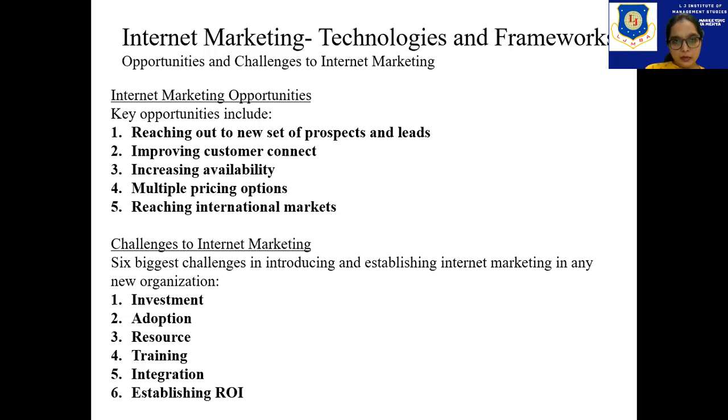So the availability of the consumers becomes easy, the access becomes easy, right? The pricing options are easy, right? You can give pricing options, you can give discounts, you have different buying models, you can have different payment options these days. So if you are really scared about paying online, you can opt for cash on delivery. But if you are not a person who believes in cash, or these days you are scared of coronavirus, right? You can also go for net banking.